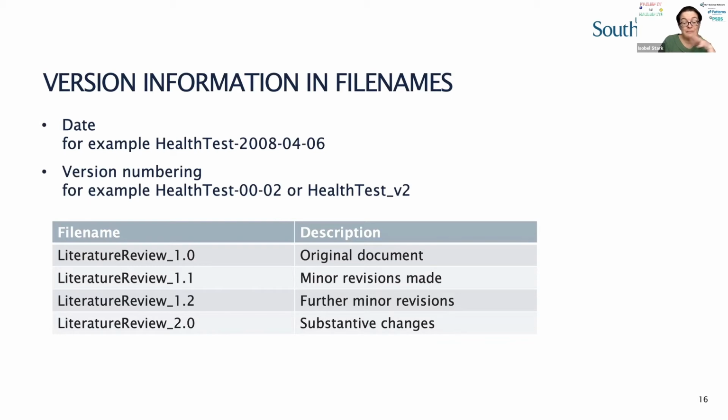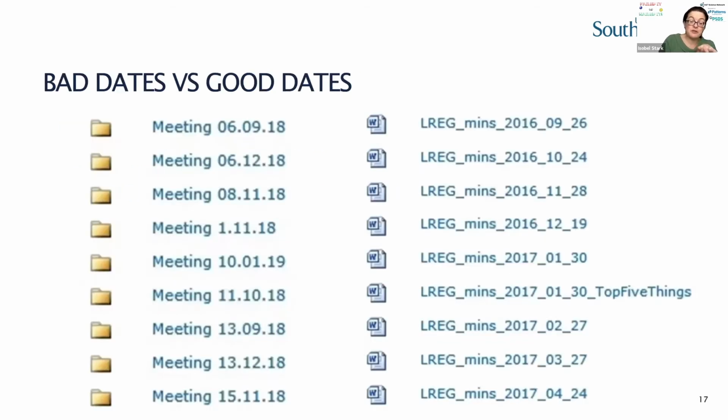I have just mentioned dates. It is possible to put dates in file names. You can do it well, or you can do it abysmally. On the screen, I've got two examples from the University of Southampton SharePoint area. And on the left, we have a series of meetings.